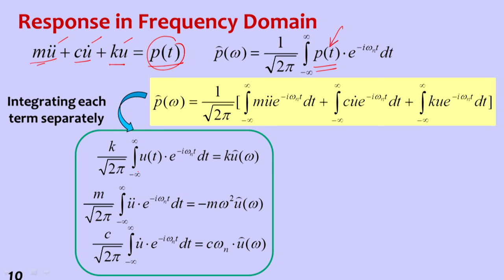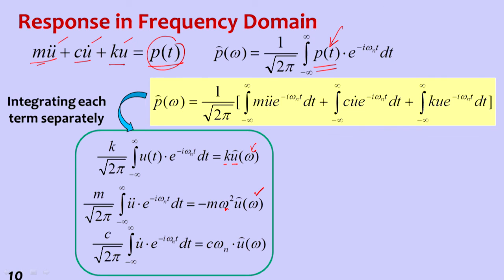So the first term, that is the stiffness term, is getting converted into frequency domain. So we write that as stiffness k times u cap, function of omega, and mass term minus m omega square u cap omega, and then the damping term is converted like this, i c omega n u cap omega.